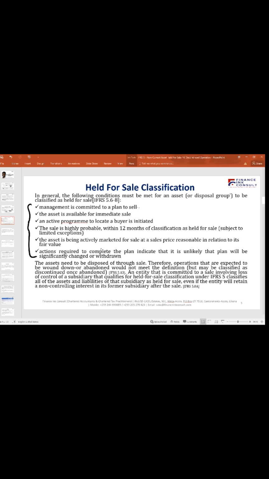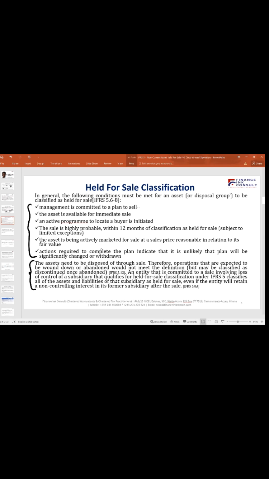So the asset needs to be disposed of through what? Through sale. Therefore, operations that are expected to wind down or be abandoned will not meet the definition. But may be classified as what? Discontinued operation once abandoned.